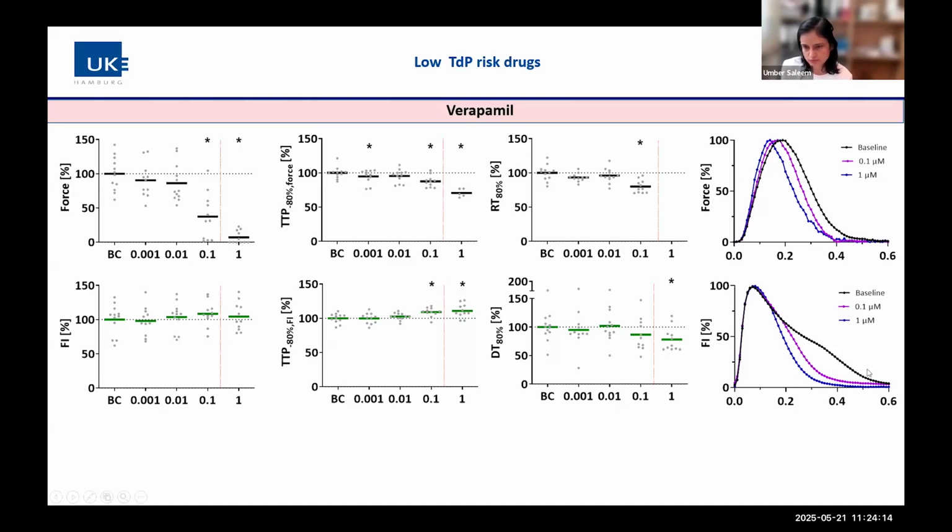And this is also shown in the form of average peaks, the shortening of fluorescence intensity. So verapamil is a calcium channel blocker, so it affects the calcium channel. Also, in addition to hERG block, you do not see any prolongation, rather you see a shortening of peak due to its effect on calcium channel blockage.